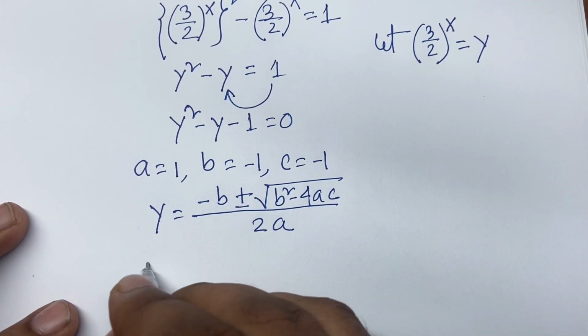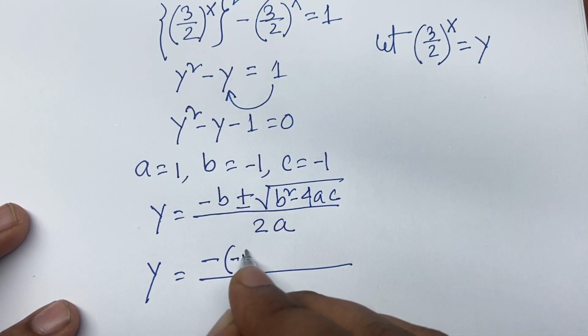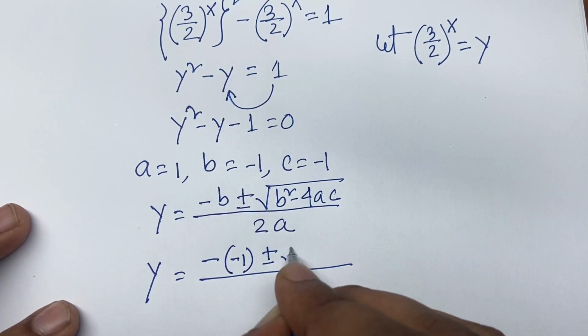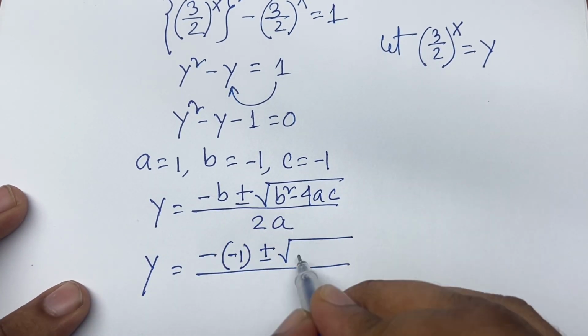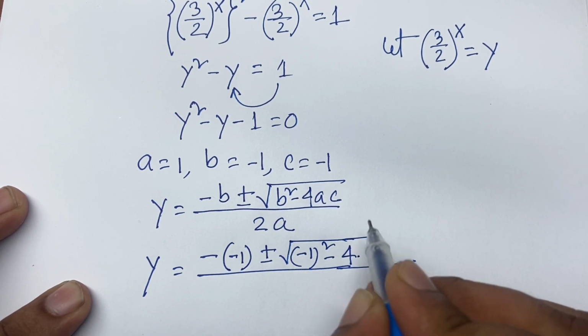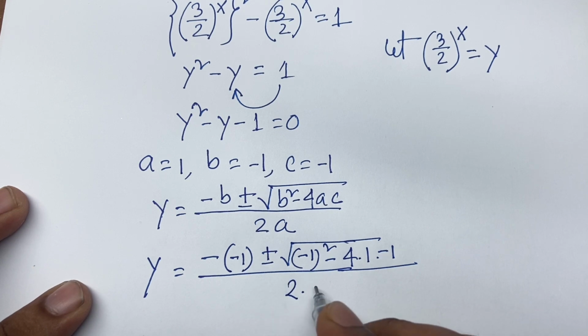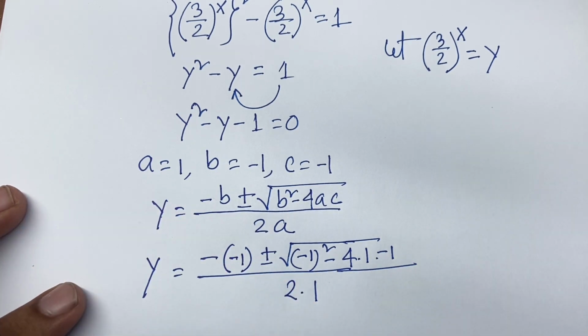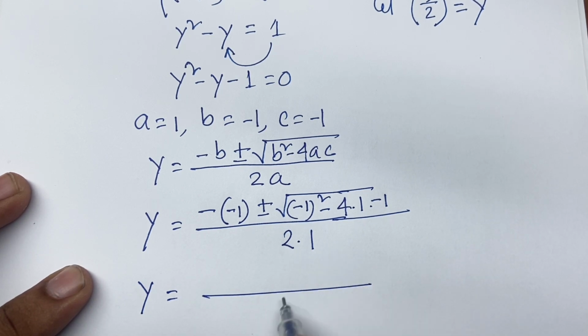Now y is equal to minus b, which is minus minus 1, plus or minus the square root of b squared, so b is minus 1 whole squared, minus 4ac. So a is 1 and c is minus 1, over 2a. A is equal to 1, so 2 times 1 is equal to 2.